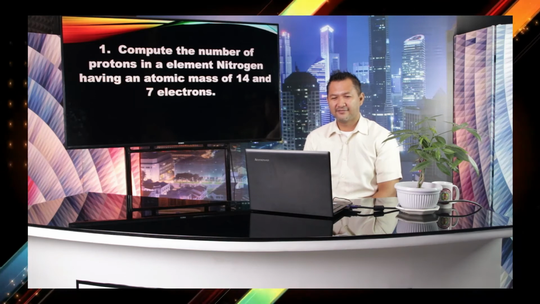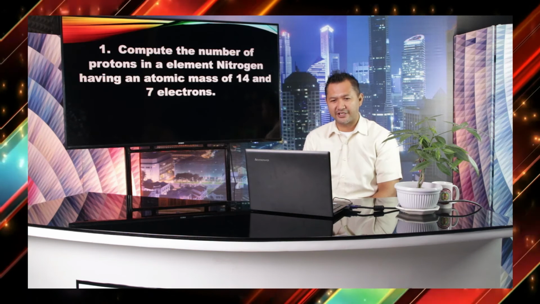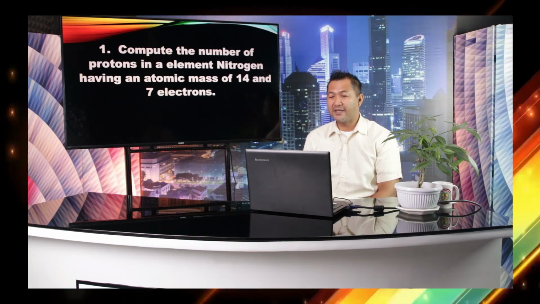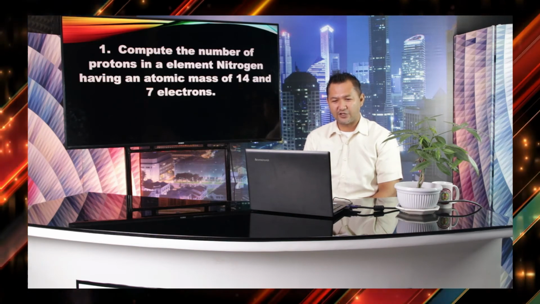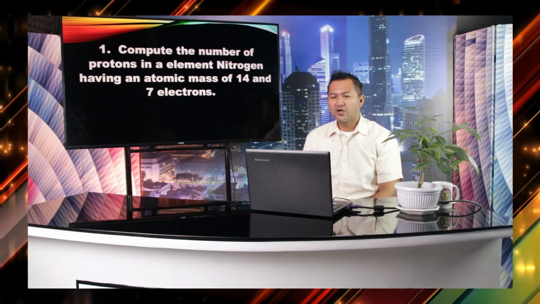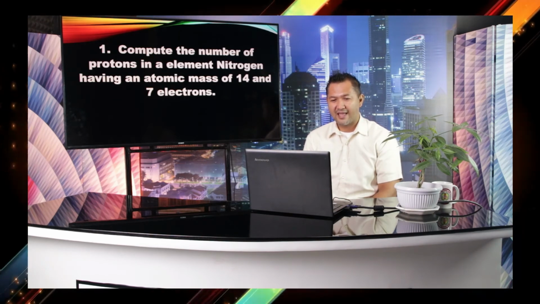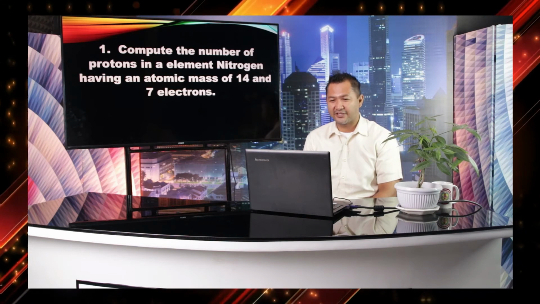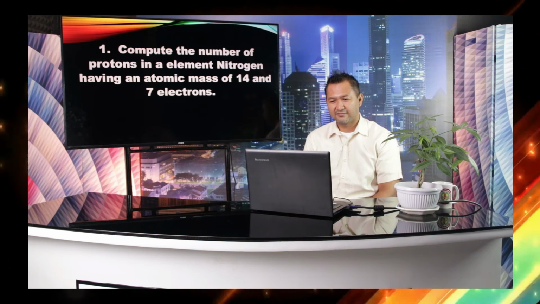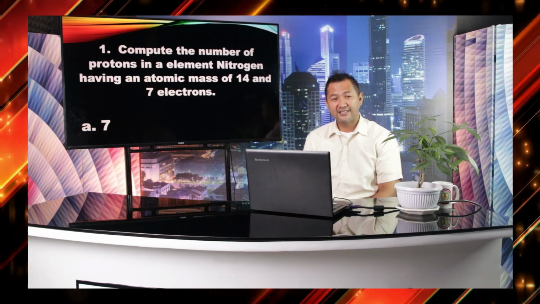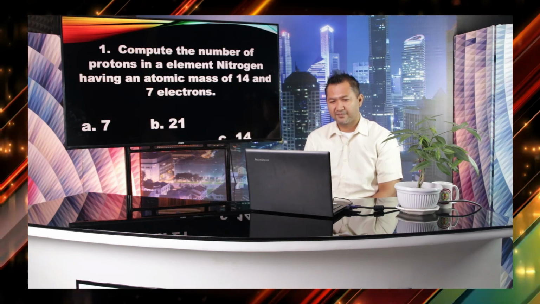Number 1. Compute the number of protons in an element nitrogen having an atomic mass of 14 and 7 electrons. A. 7. B. 21.